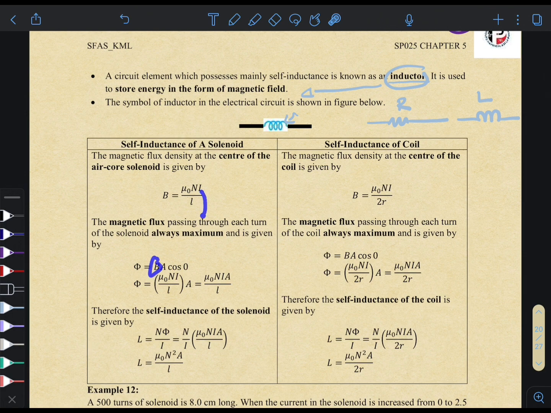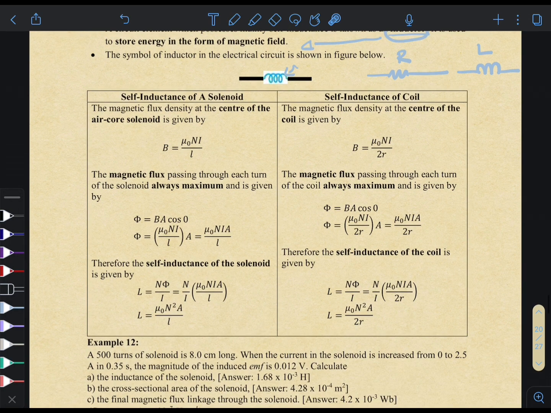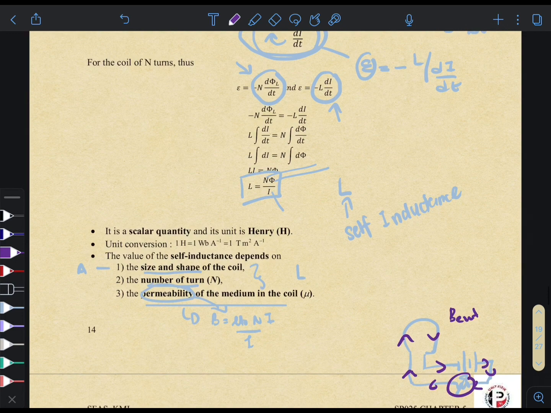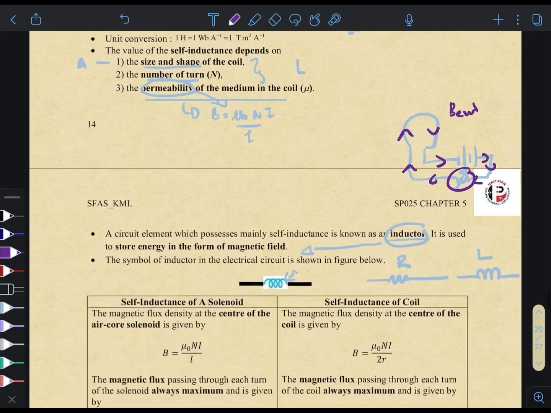So, in place of B we substitute mu naught N I over L, multiplied by the area A. So, you will end up with your flux in a solenoid becoming mu naught N I A over L. And self-inductance, we said earlier, self-inductance was N flux over I. This was the equation we introduced here after this derivation.